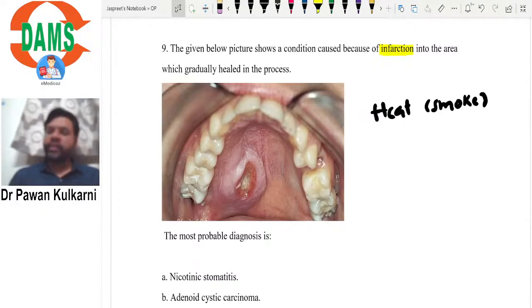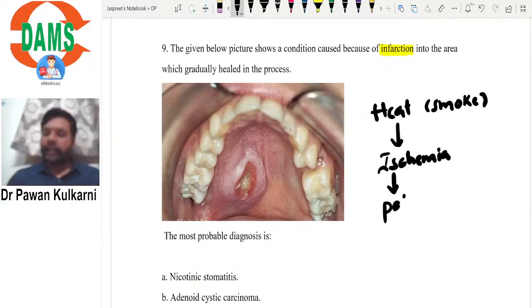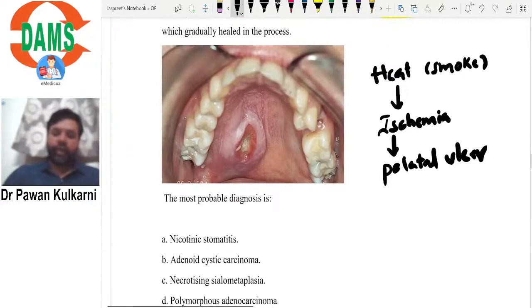And because of this heat, the palate has undergone ischemia, and because of this ischemia or infarction, you are able to see a palatal ulcer. So this is a typical case of necrotizing sialometaplasia, where we will be able to see such an ulcer. Look at this ulcer.